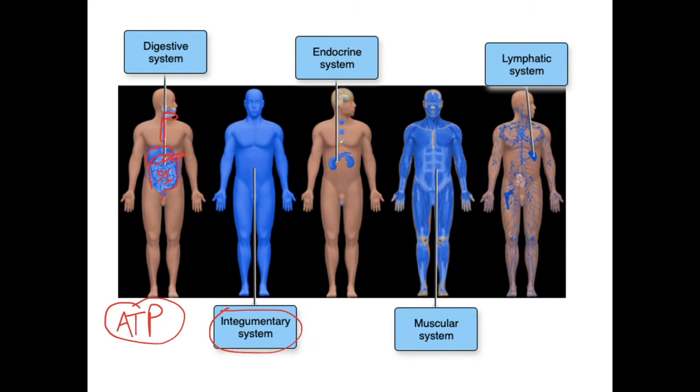Endocrine system, we have a bunch of endocrine glands that produce hormones that are chemical messengers. The kidneys have secreting cells that are involved in secreting hormones. The pancreas, the thyroid, the pineal gland, the testes, the ovaries, they're all involved somehow with the endocrine system.